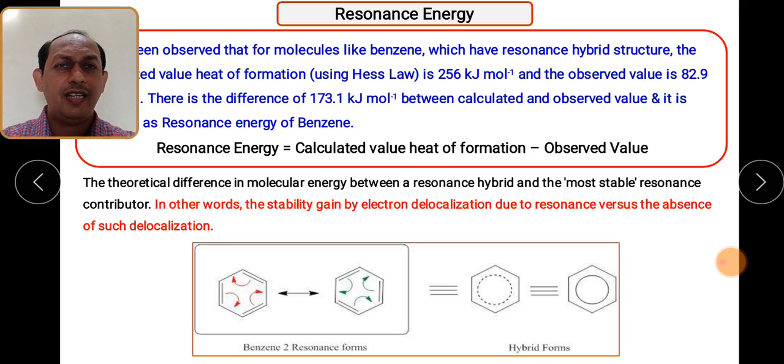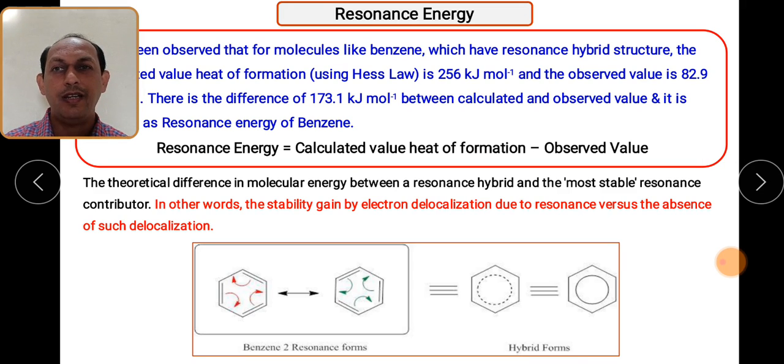In general, we can say it is the stability gained by energy delocalization due to the resonance. Remember, resonance energy we can interpret for the benzene molecule or naphthalene molecules because of their resonance structures.